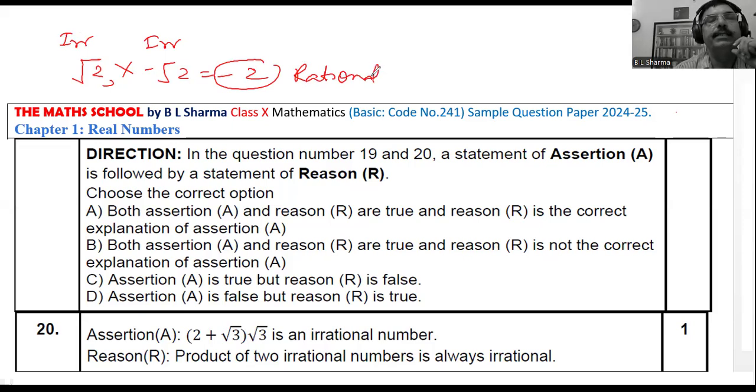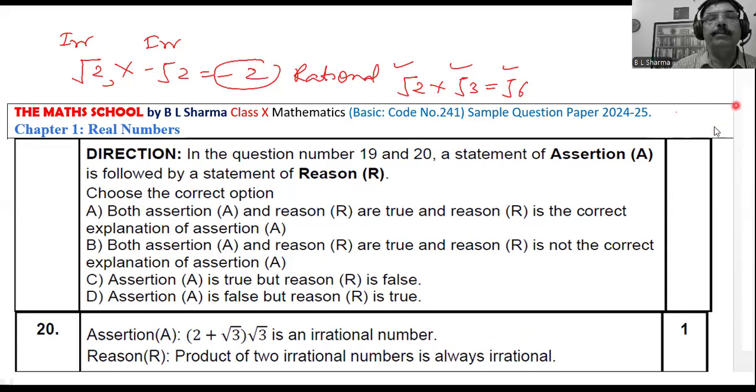This is not correct. The product of two irrational numbers can be rational. But if you are taking one irrational number is root 2 and other is root 3, then that is root 6. So irrational into irrational is irrational. So the product of two different irrational numbers can be rational, can be irrational. लेकिन यहाँ तो इन्होंने ये कहा है कि क्या ये always irrational होता है. This is not true.